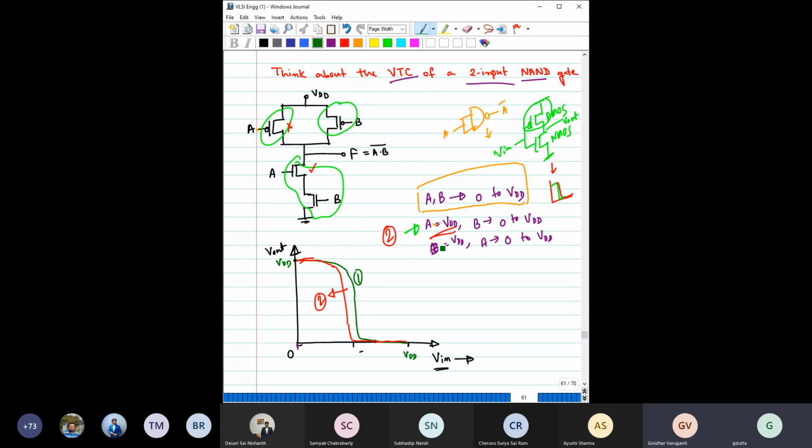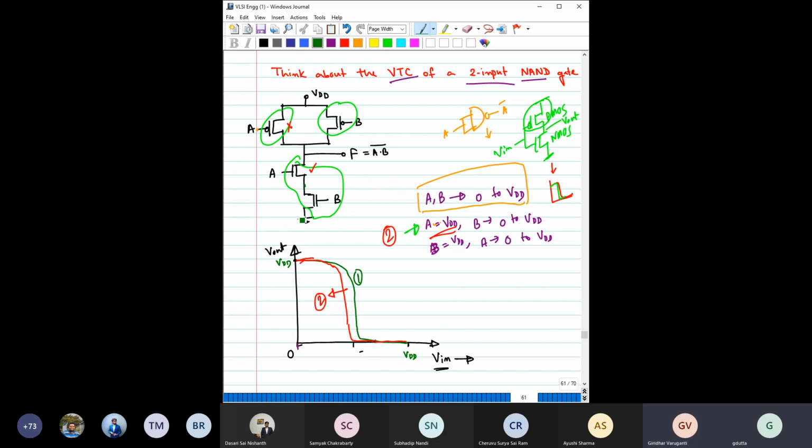Okay, for the third case, you can expect that it should be similar to number 2 only, but it is not actually. There will be slight variation between 2 and 3 because of the body effect. We are not discussing it right now, but remember, this body is connected with the source, right?